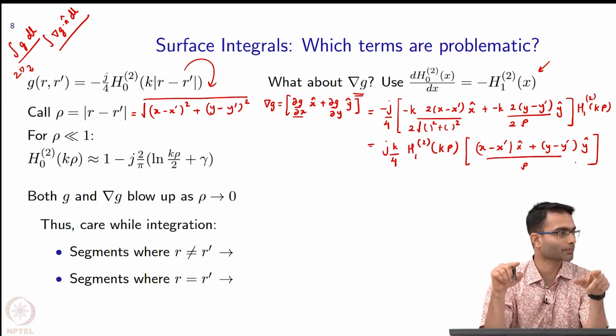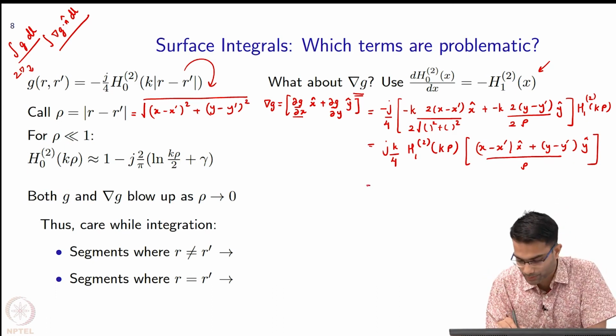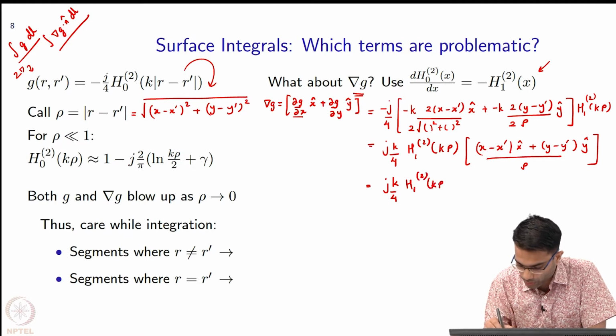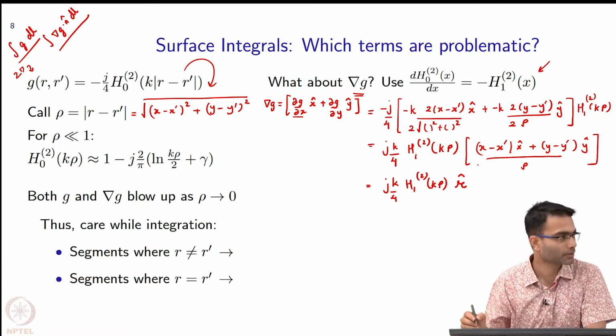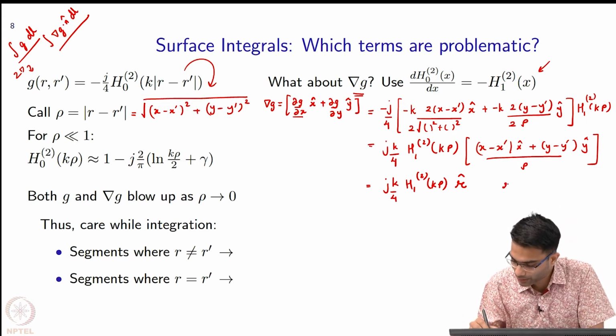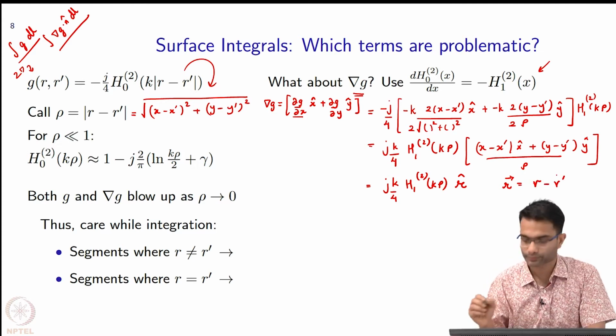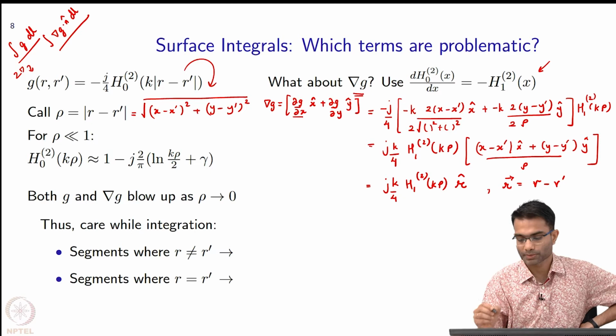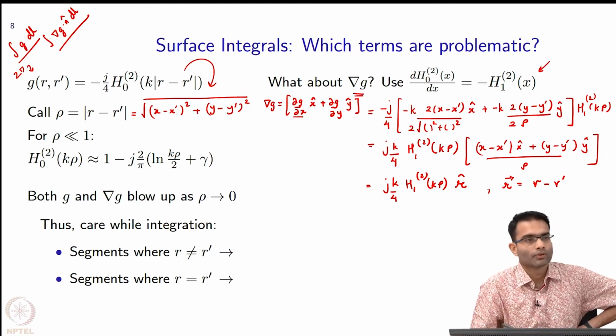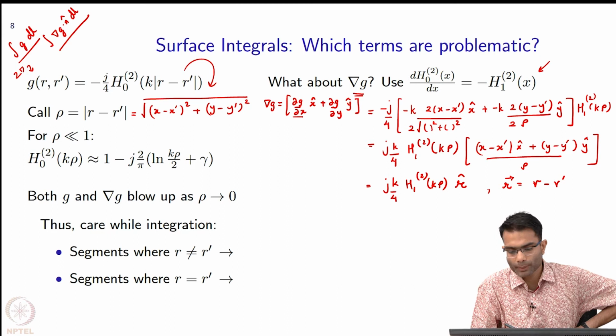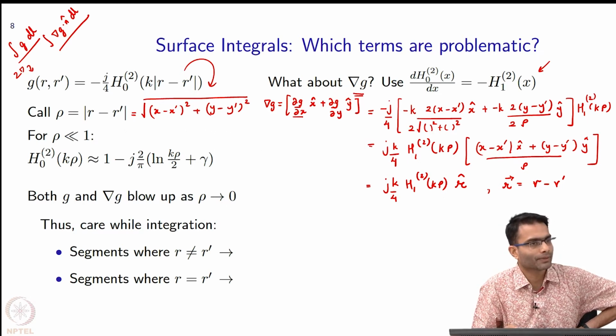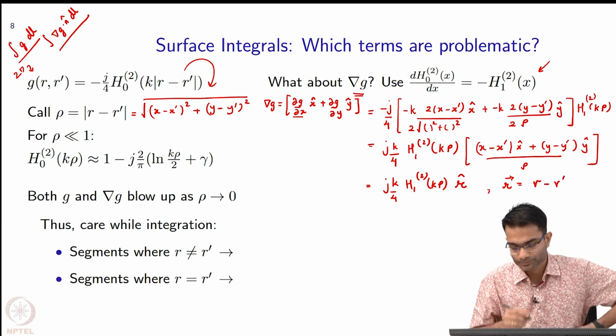So very simply, this just becomes jk by 4 times H1(2)(k rho) times the unit vector rho hat, which is the usual notation. This simplifies the notation. We started with g, which was H0(2), and I got grad g as H1(2), not very complicated.